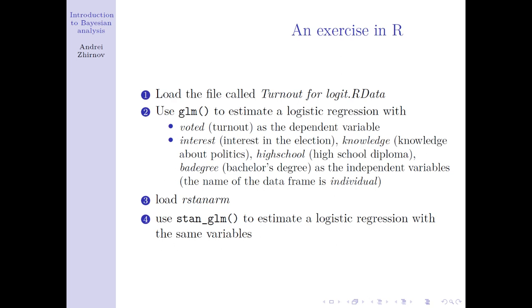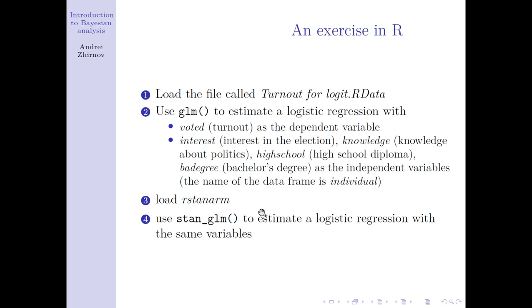At step 3, please load the rstanarm package, and at step 4, please run the stan_glm function using syntax similar to the one that you used in glm. You can also look at the documentation for this function if you want to experiment with the priors and see what else this function can do for you.